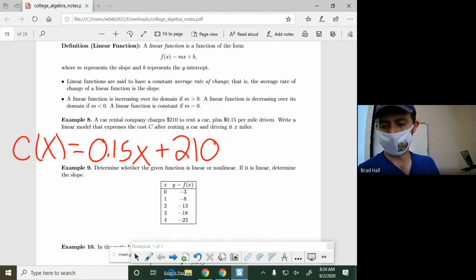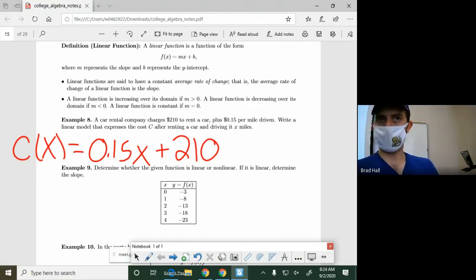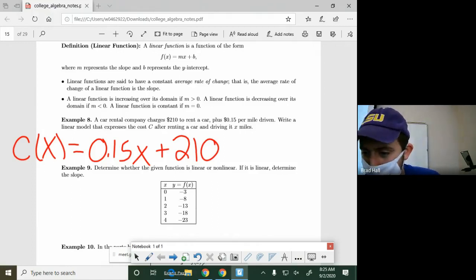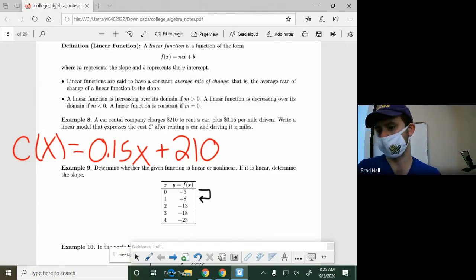Because what you're doing is between the y values, you want to know what the trend looks like. That's normally what a slope does. It finds the trend between y values, also known as an average rate of change. So the difference between -3 and -8 seems to be -5.